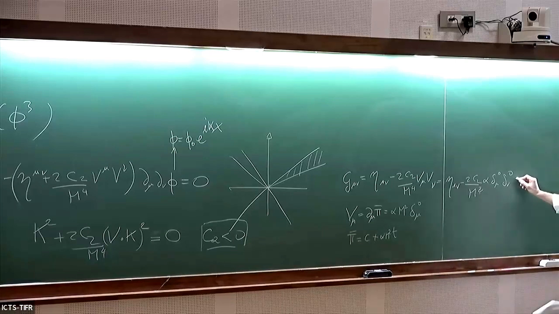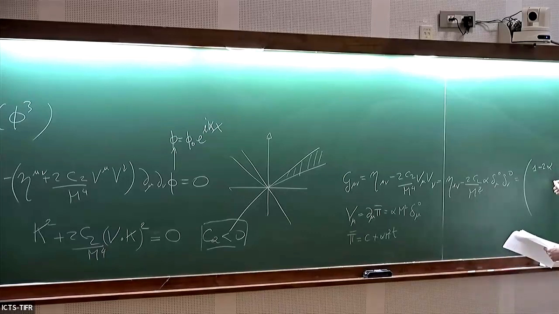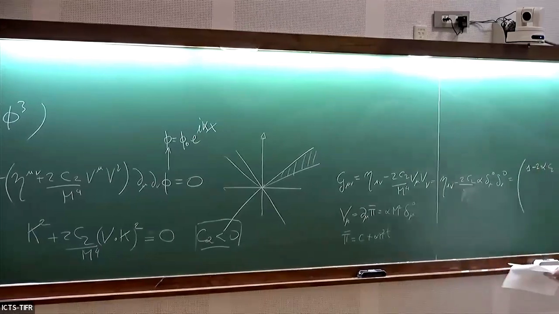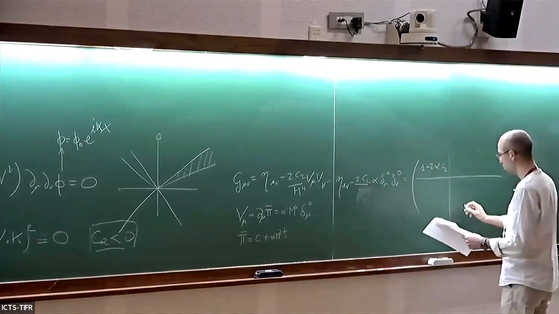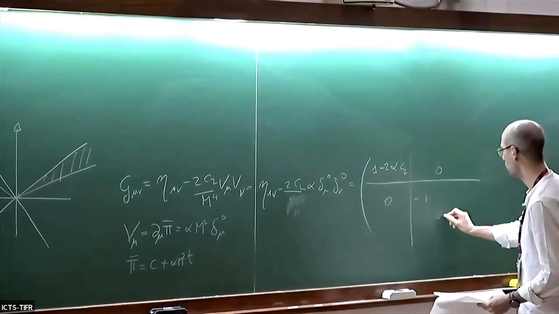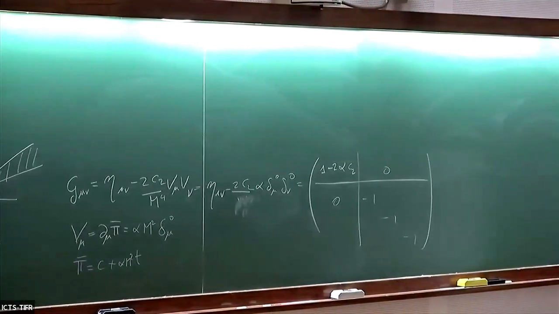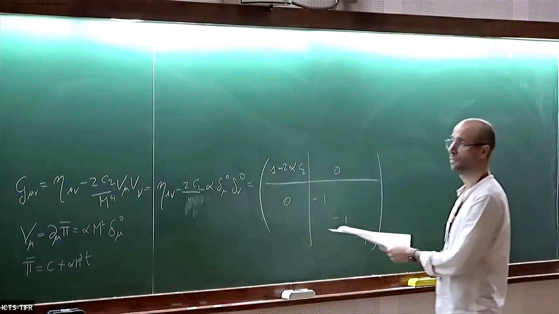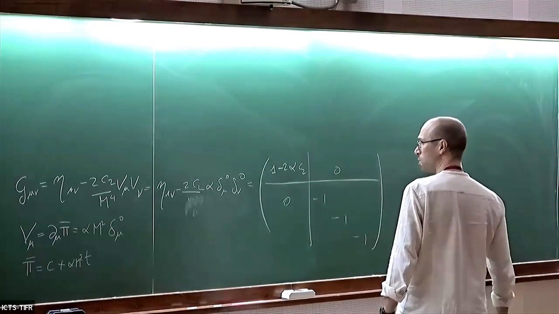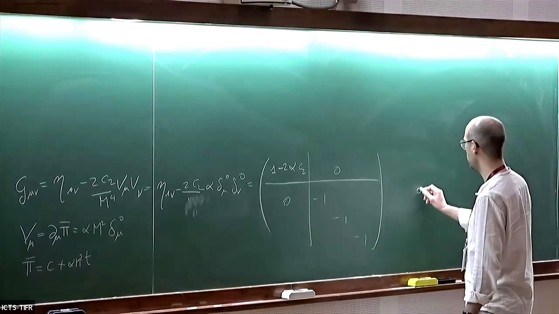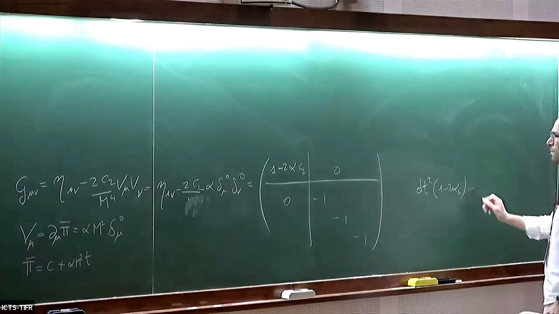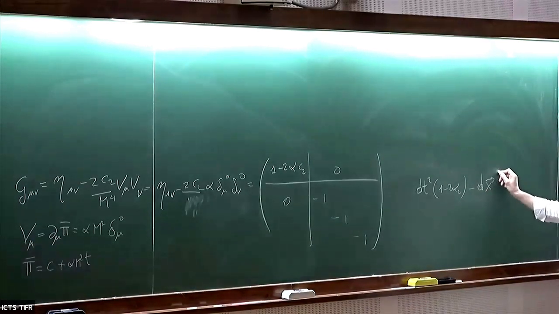So you can draw it as a matrix. You get 1 minus 2 alpha squared c2, then 0, 0, minus 1, minus 1, minus 1. Right? So the null geodesic for this metric is going to be dt squared times (1 minus 2 alpha squared c2) minus dx squared equals 0.